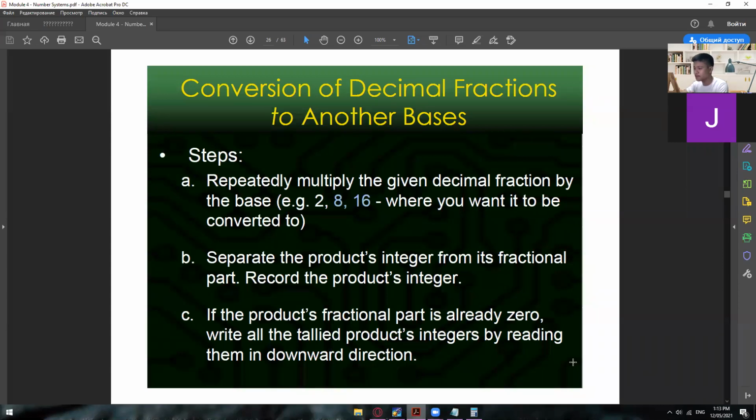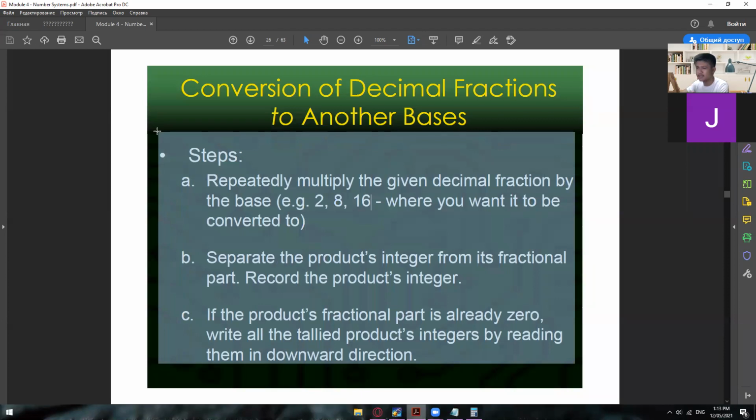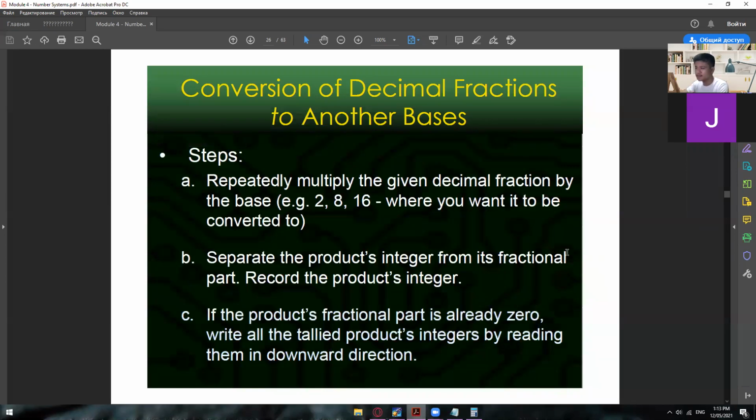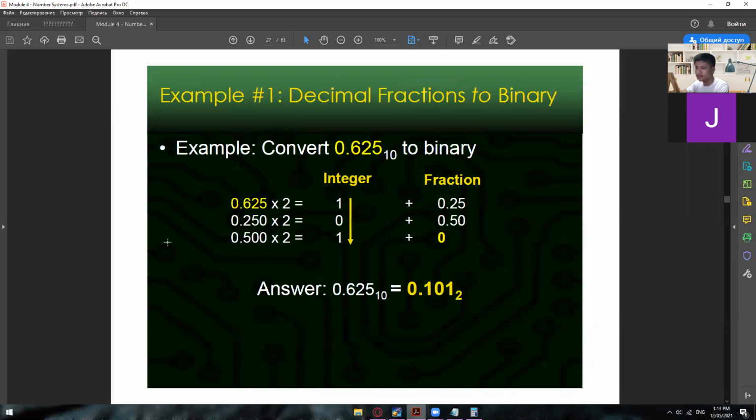So for you to be able to appreciate what the steps are talking about, let's go straight to the example. We have here the fraction only, 0.625, and this one is decimal. It is asking us to convert this into binary. Before, if it's a whole number, we keep on dividing the integer part.